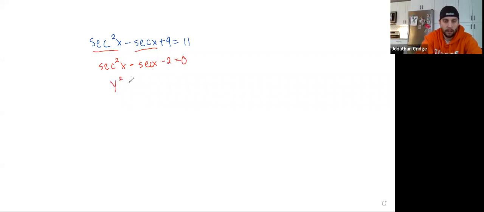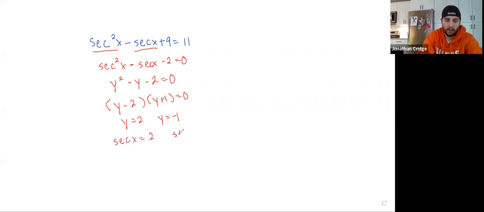You can factor this however you feel comfortable. So it's y minus 2, y plus 1. Set them both equal to 0. So y equals 2 and y equals negative 1. But they're not actually y's, they're actually secants. So secant of x equals 2 and secant of x equals negative 1.